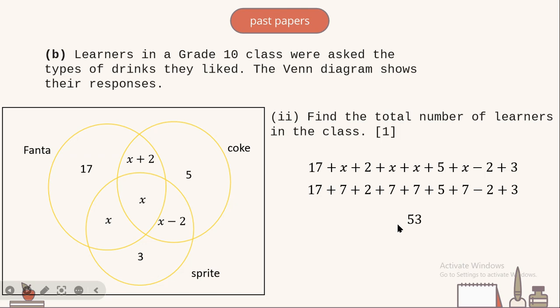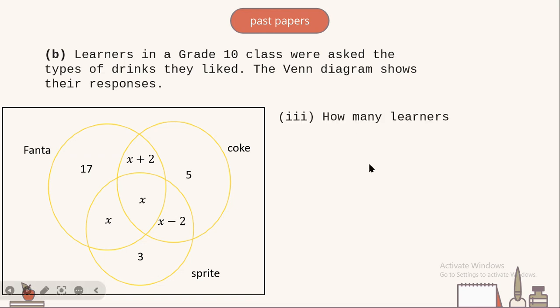So now that we've answered the total number of learners altogether, let's try to look at another question. How many learners did not like Fanta? How many learners did not like Fanta here?